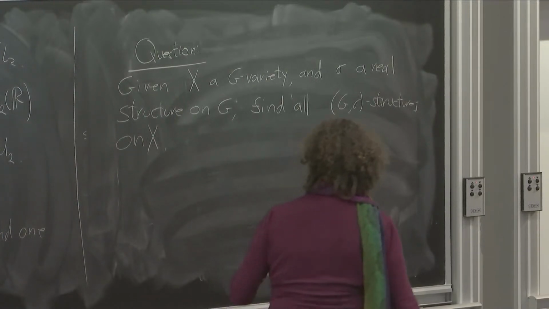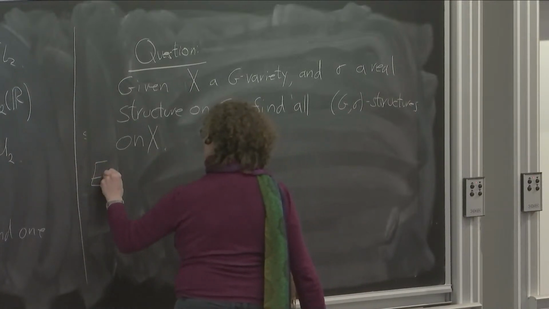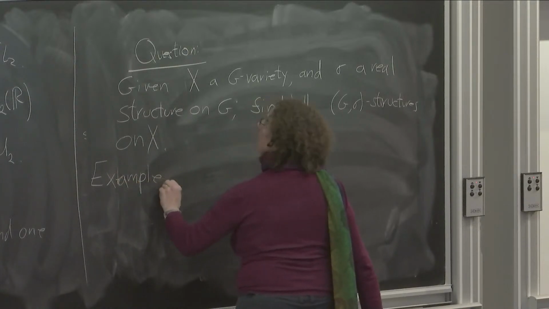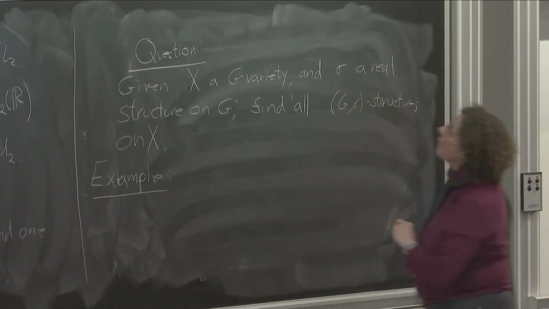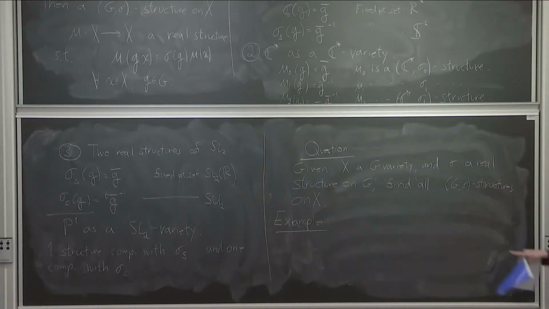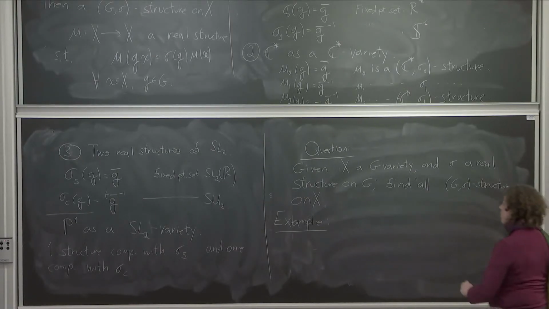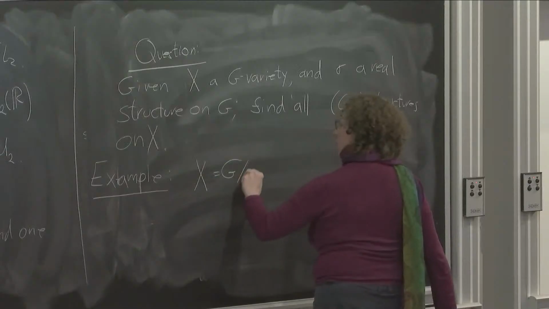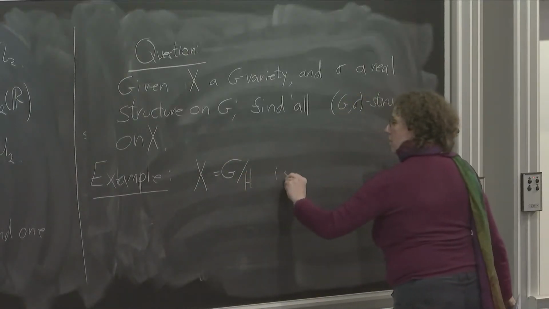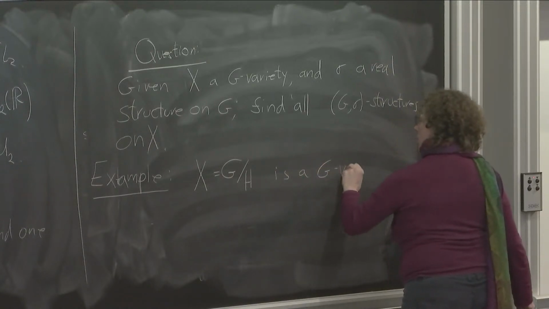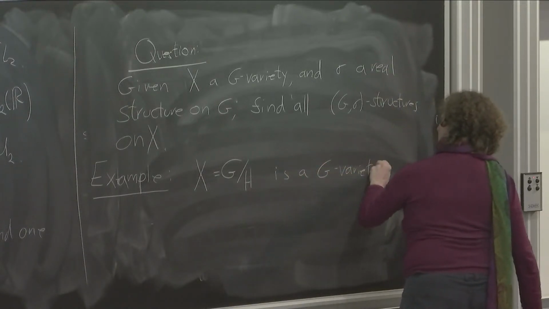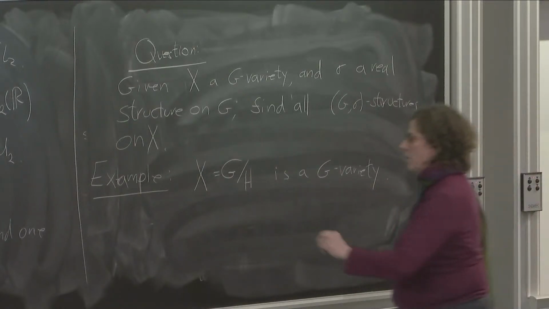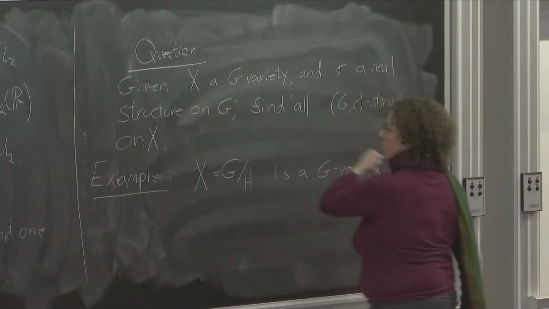An example that generalizes the cases that I put here. I put C star there. I put P1. I'm going to suppose that X is a homogeneous space, and sigma is a real structure.